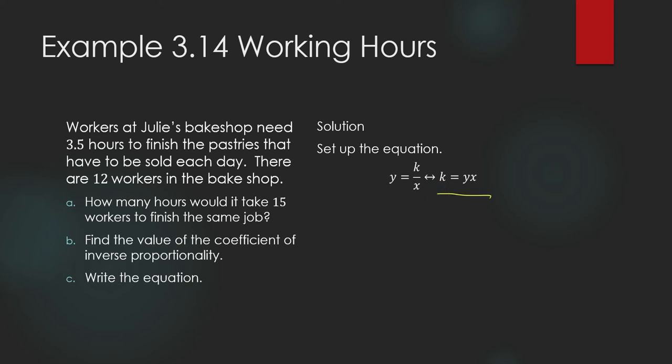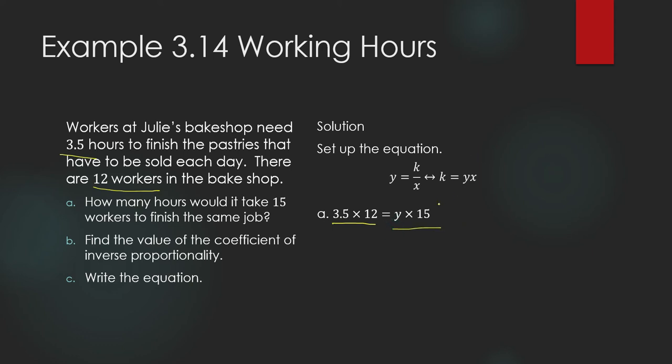K is the constant of inverse proportionality. Since k is constant, 3.5 times 12 came from this: if you have 12 workers working on a particular job, they need 3.5 hours to finish the job. And their product is constant. That is your constant.